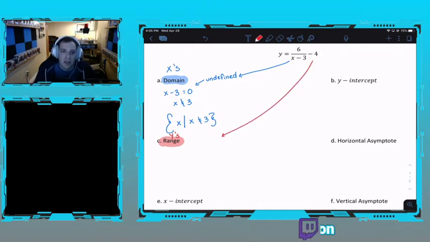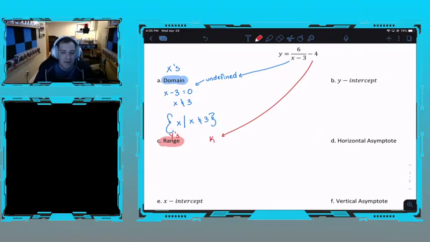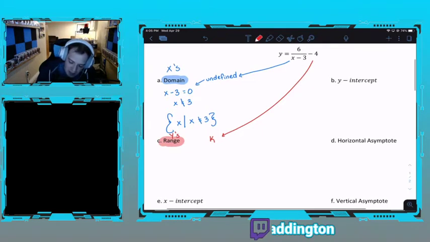So I'm just going to look at that -4. And if we look at that -4, this was called a k value. And they use k for constant, even though constant starts with c. But they use k for constant. And in this case, we just have to say y is equal to that k.